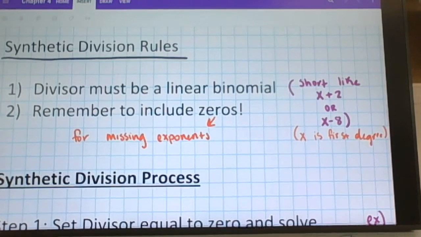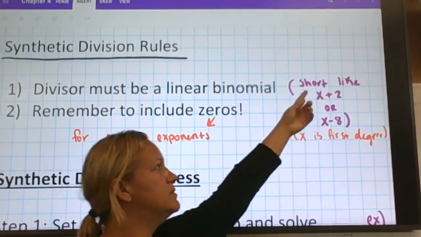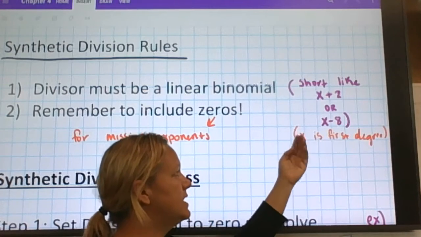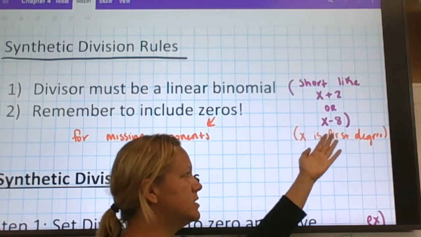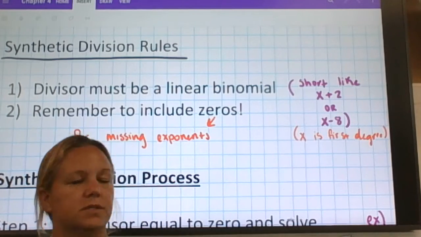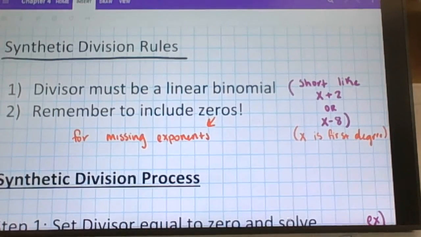Okay. So the divisor must be a linear binomial. That's the fancy way of saying our first rule. The unfancy way is to say that it has to be short, like x plus 2 or x minus 8, and that the x can only be first degree. So you cannot use this shortcut, synthetic division, if x was squared or to the 3rd power.